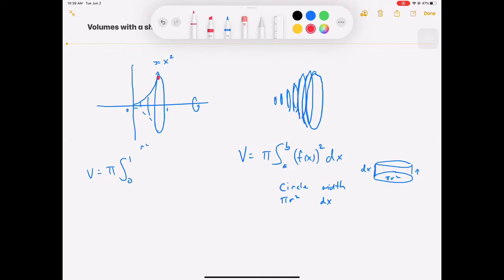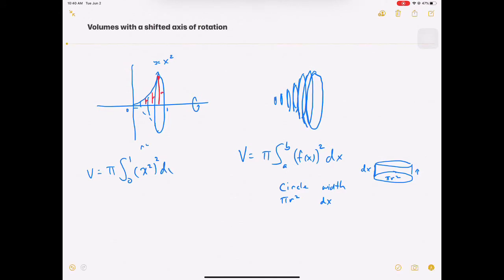See, from here to here, that's really my radius, and this radius is going to change for me as we go across the problem. And we're going to write x squared, and we're going to square that. See, this is my pi r squared, that's just the circles, and we're going to multiply that by a little bit of dx. That's really just the setup for it, and if I go ahead and do this out, it'll give me some volume answer.